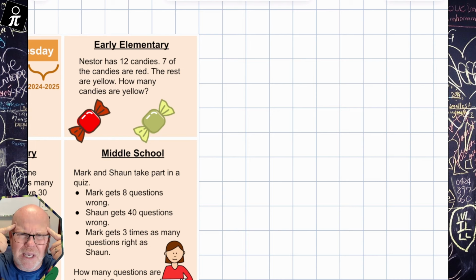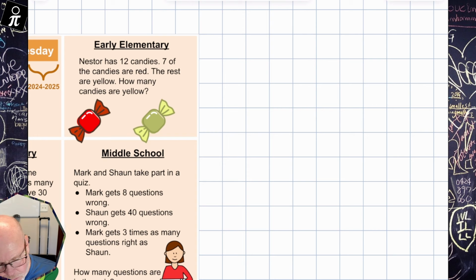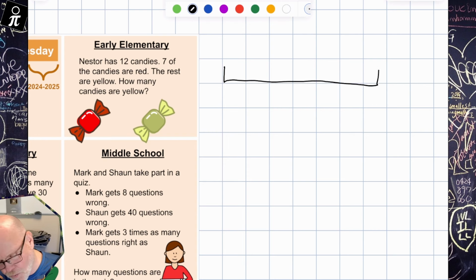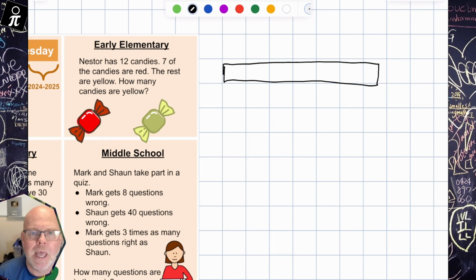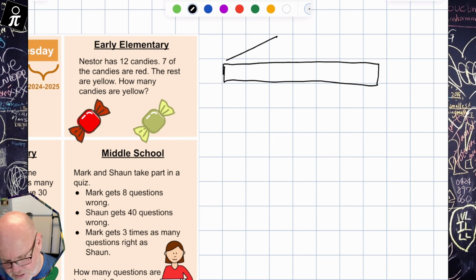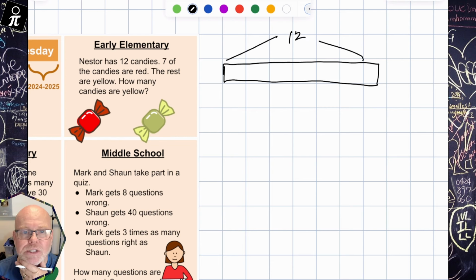So since we only have one character in this problem, it's probably going to be a one tape diagram. Not always, but usually. And so there is my tape, and it says Nestor has 12 candies. So this is going to represent my 12 candies.